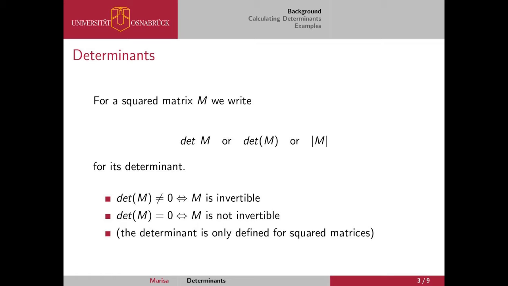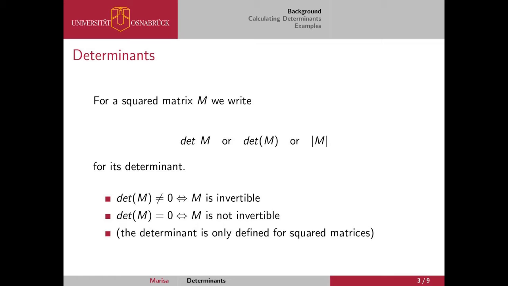When we calculate it, we are interested in the value that comes out. If this value is not zero, our matrix is invertible, and if it is zero, the matrix is not invertible. So we are only interested in whether the determinant is zero or not zero.